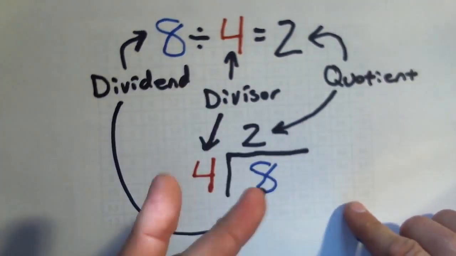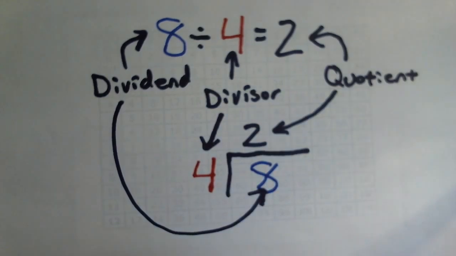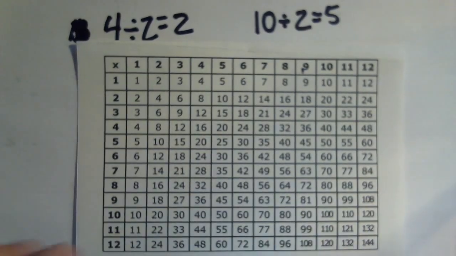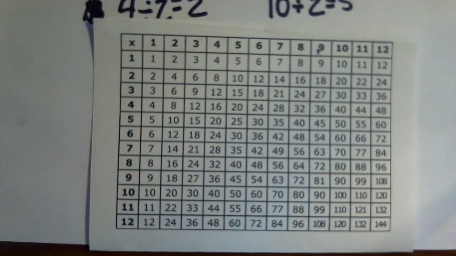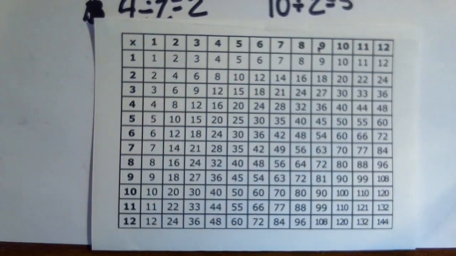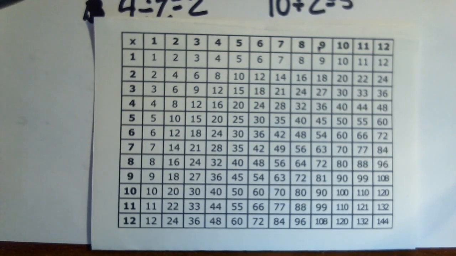I take these two numbers, I flip them around, and then I get my answer. So just try and remember how these numbers relate to each other. And again, remember how to do division using this table, using your multiplication table. So this times table is good for division as well as multiplication.